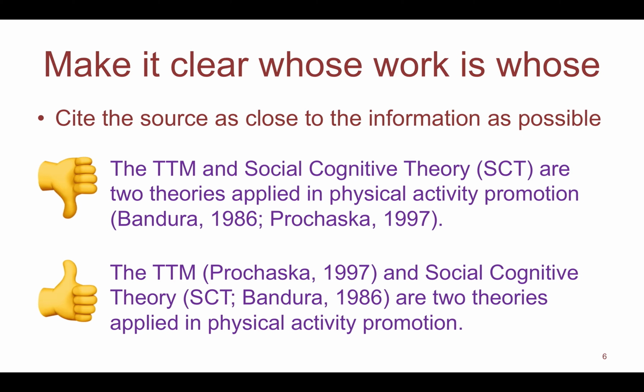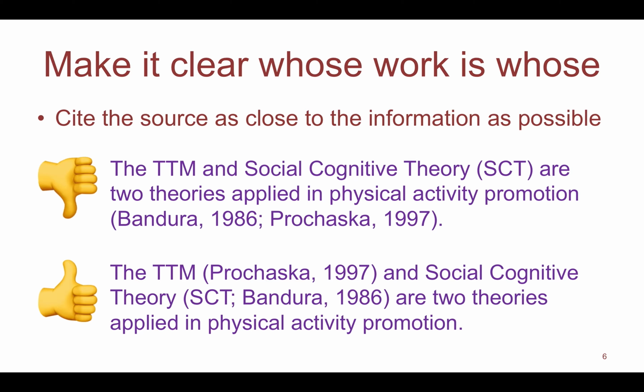Another guideline is to make it clear whose work is whose. So like I said, you do have an option where you can put multiple sources in parentheses at the end of the sentence, for example, but sometimes that can obscure which theory or which idea is credited to which author.